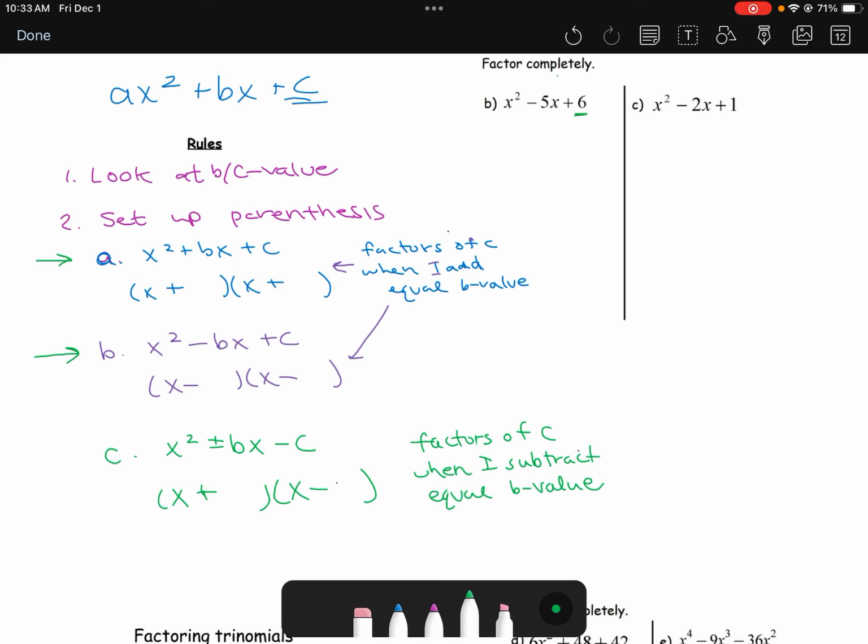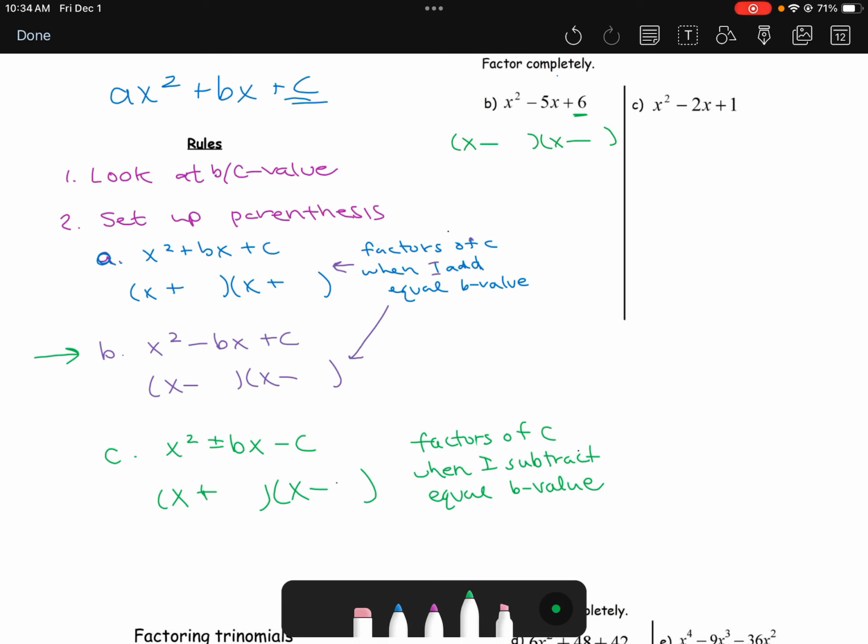Now I'm going to look at my b value. Well, my b value is negative, so it's looking like this second one here. So now I'm going to set up these parentheses. So I have x minus, and I'm going to go over the math involved with this as well.